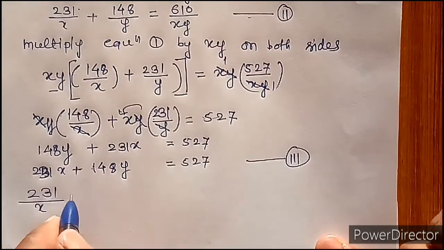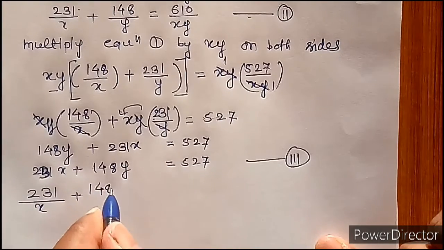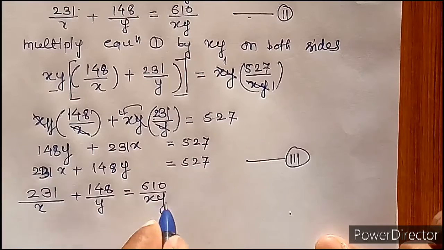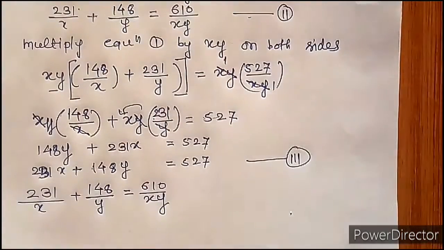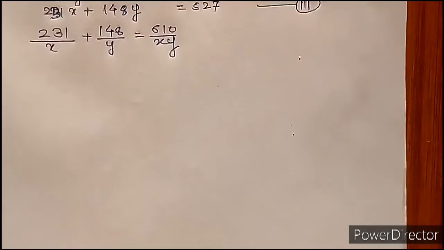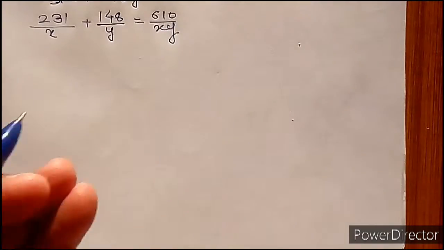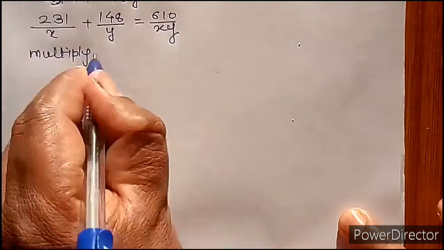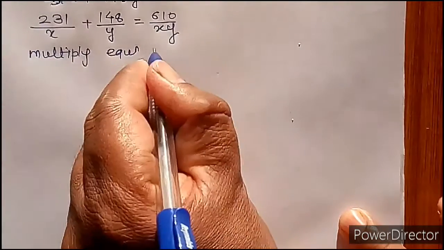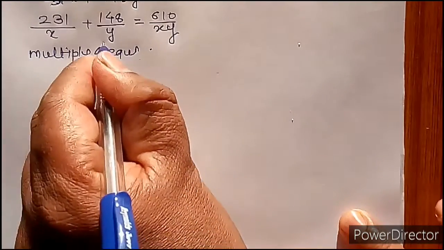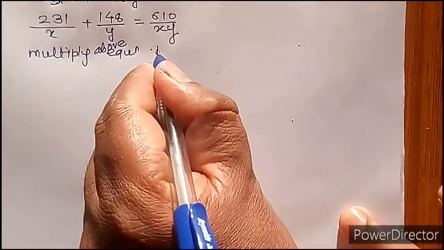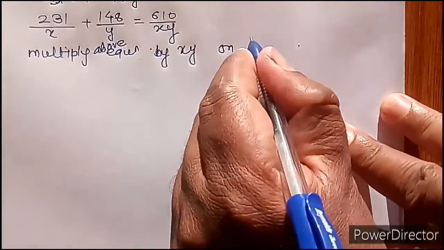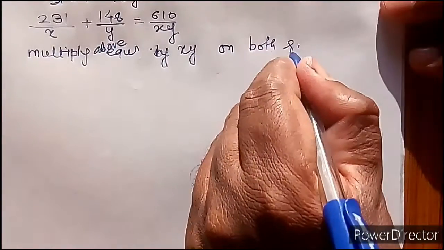231 by x plus 148 by y equals 610 by xy. This is equation number 2. We have to multiply this equation also by xy. Then write down here, multiply the above equation by xy on both sides.